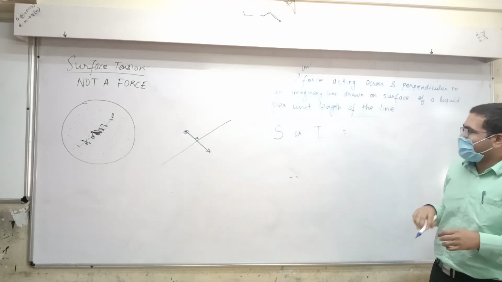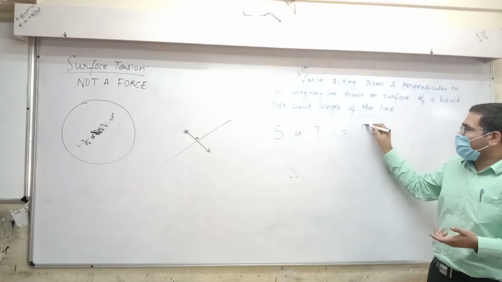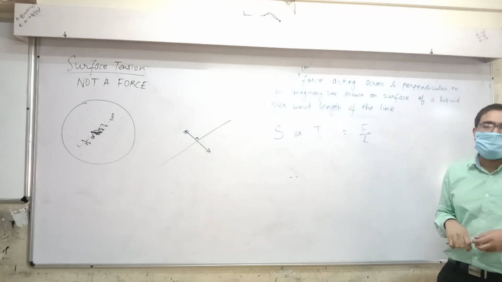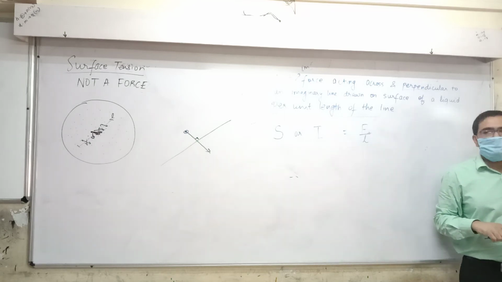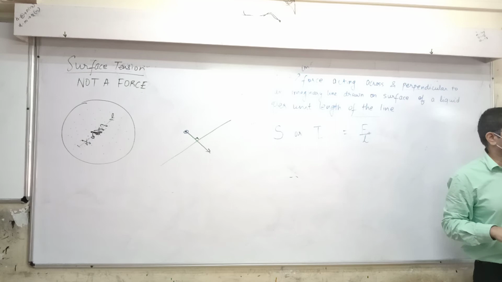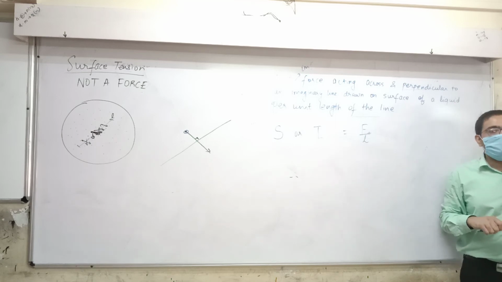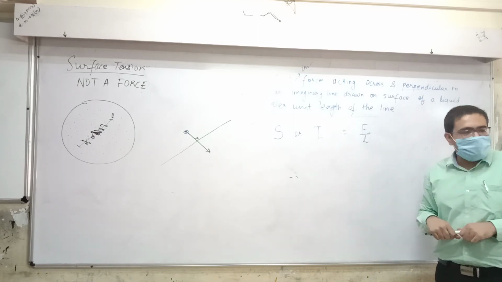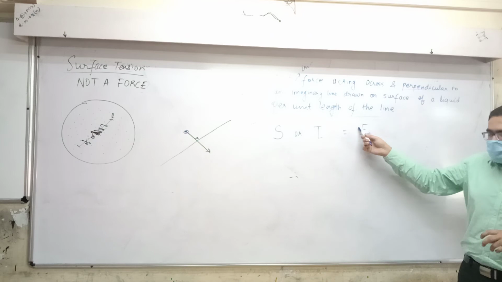So S or T is equal to force perpendicular to the line per unit length. Got it? So this is surface tension. What do you think will be its unit? Newton.